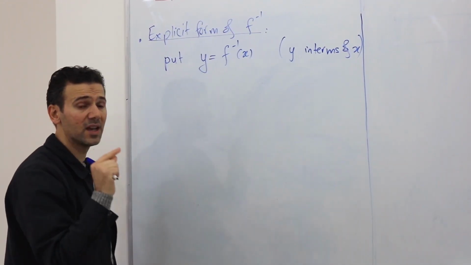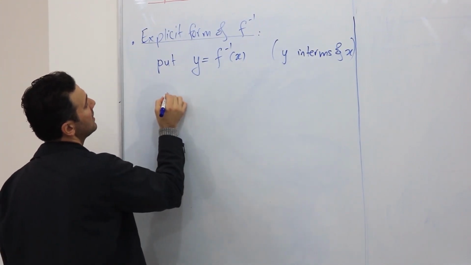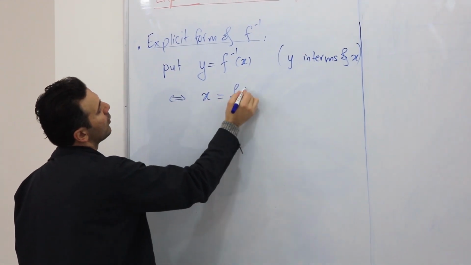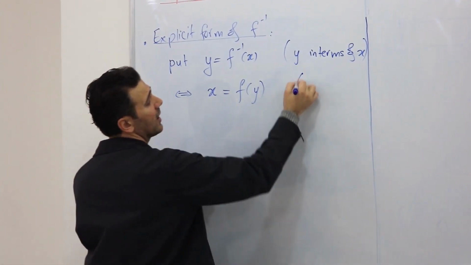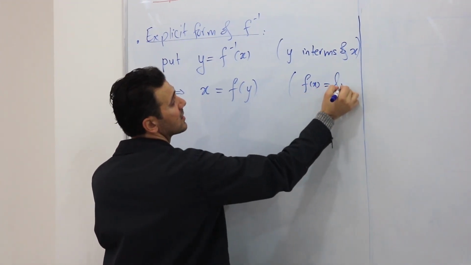In this case, f is the ln. As you know, this is equivalent to say that x equal f of y. Go back and we know that f of x in our case is ln x.